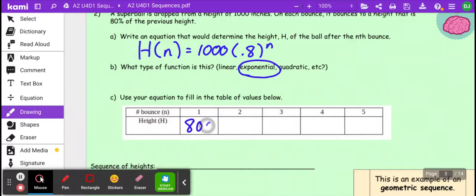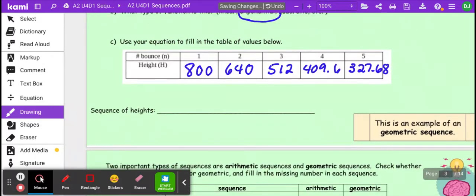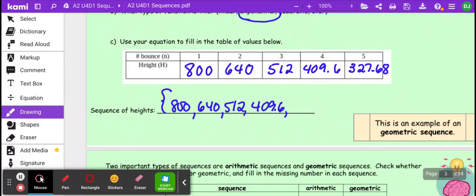So hopefully you got 800 as the height of this bouncing ball, and then it's 640. So notice what's happening here. This would be exponential what? If you said decay, whoop whoop for you, you're paying attention to our last unit. And then to write it as a sequence, get your squiggly brackets on, a little set notation, and write this particular sequence of numbers.